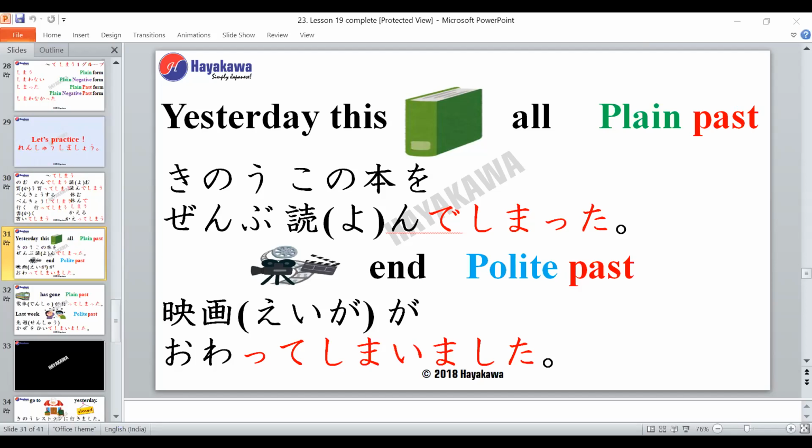Okay, the next one where you want to say that the film got over in the polite past tense. So film in Japanese is eiga, right? And the verb to end, or to get over, or to finish is owaru, right? So how will we make the sentence using te shimau in Japanese?